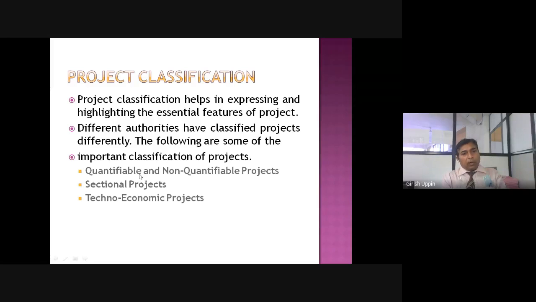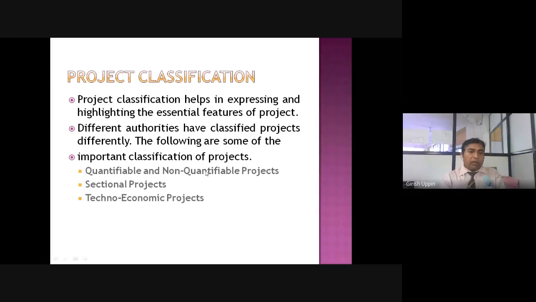So quantifiable and non-quantifiable projects, both will have some kind of benefits, right? And projects are executed for the main purpose of getting the benefits. As we saw in many definitions, benefit is the most important thing. The benefit, what we are saying here, is whether we can put a number.